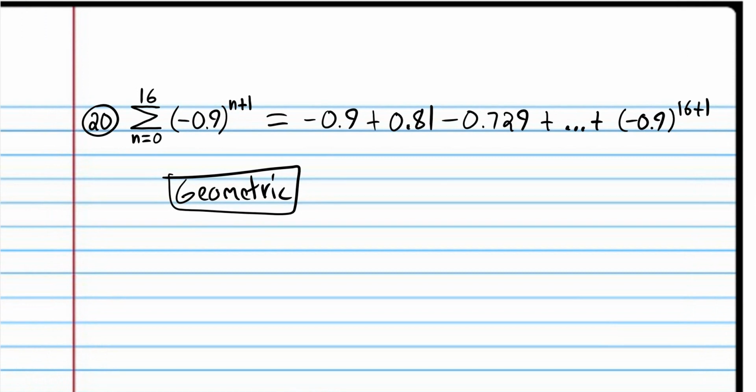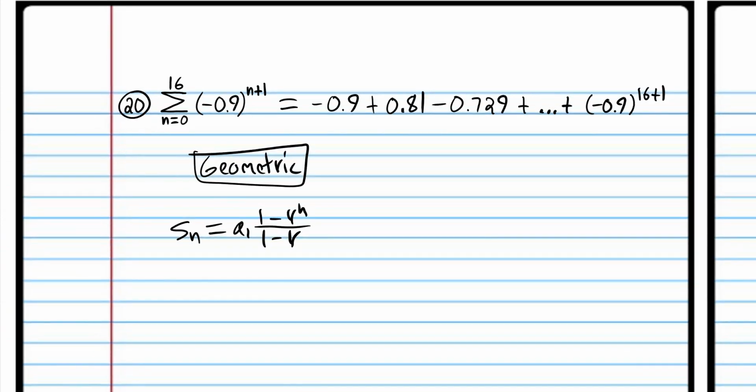And our formula for the sum of the first n terms of a geometric sequence is the following. Now again, the most important part of this problem is to figure out what n is equal to. If n were equal to 1 in the lower bound, then there would be 16 terms exactly, but because we're starting at 0, there's actually going to be 17 terms.